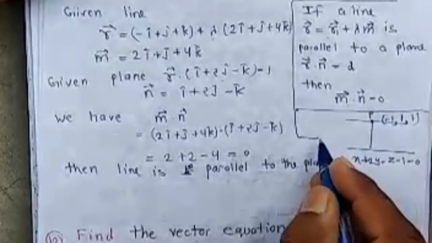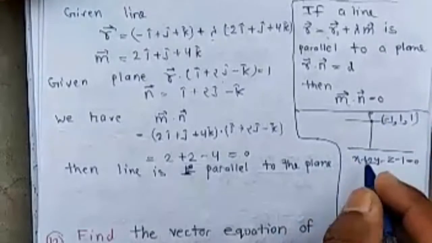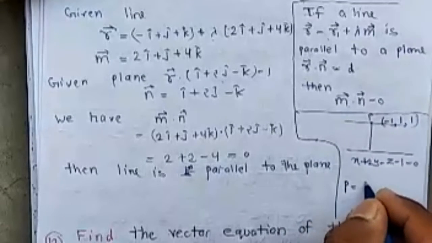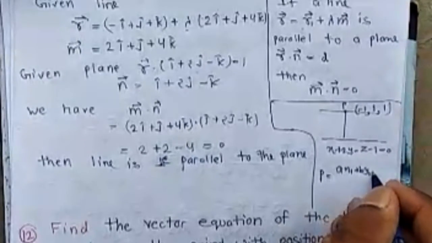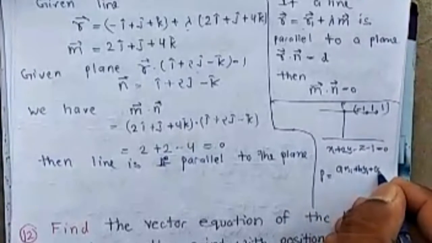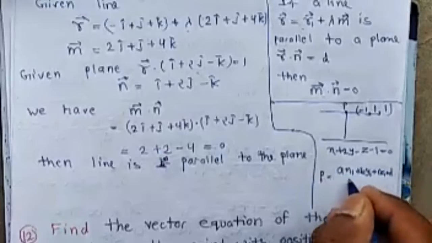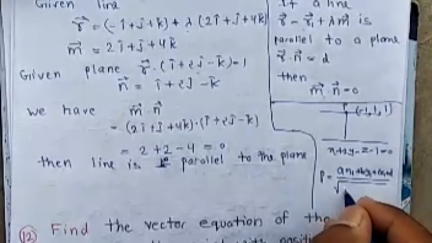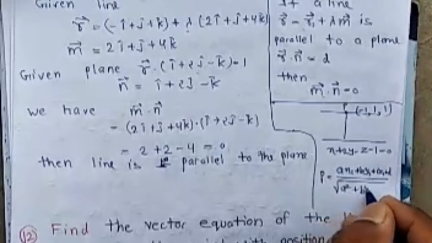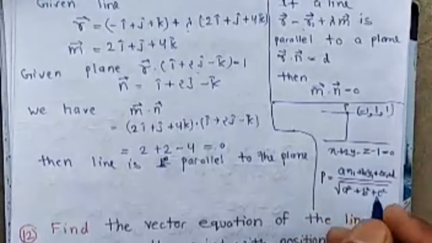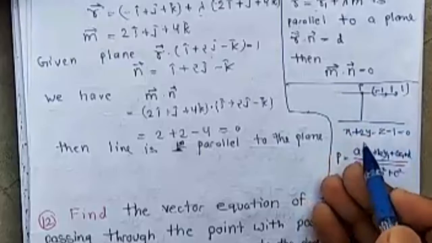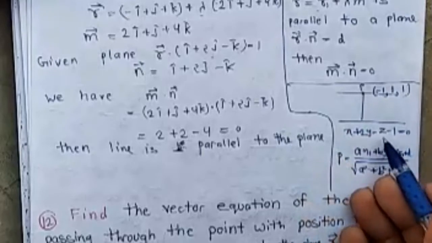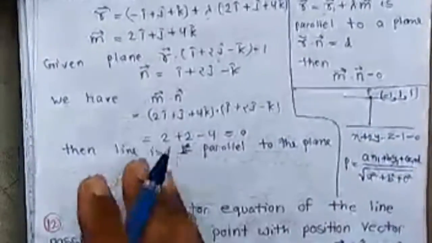We know that the distance of a point from a plane is given by (ax1 plus by1 plus cz1 plus d) upon square root of (a square plus b square plus c square), where x1, y1, z1 is the given point and ax plus by plus cz plus d is the equation of the plane.